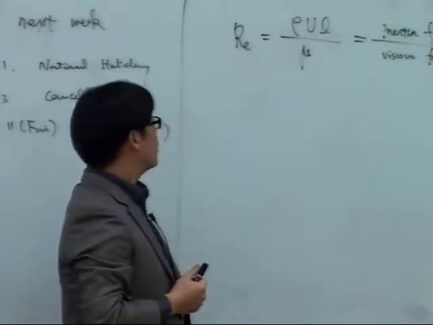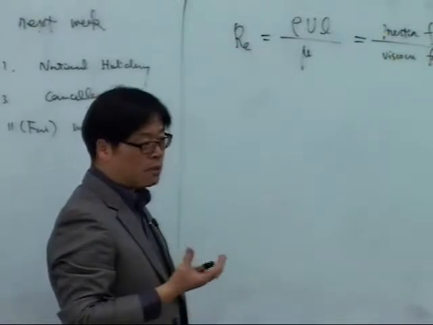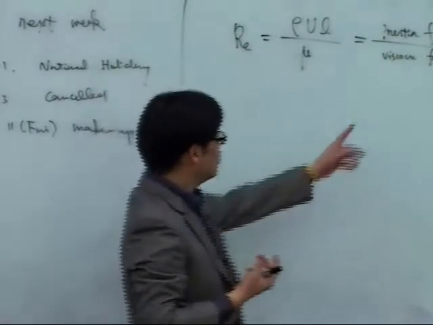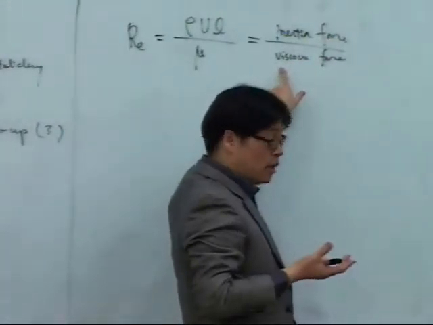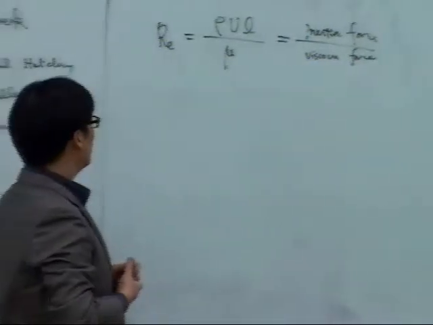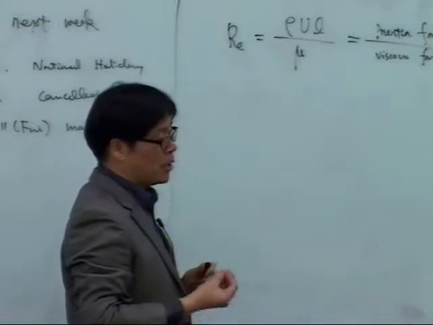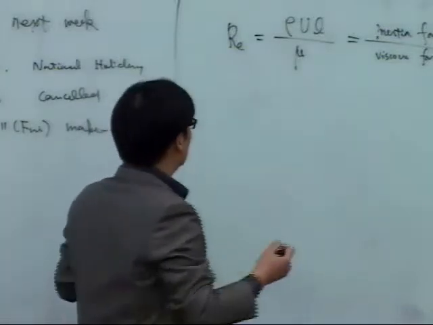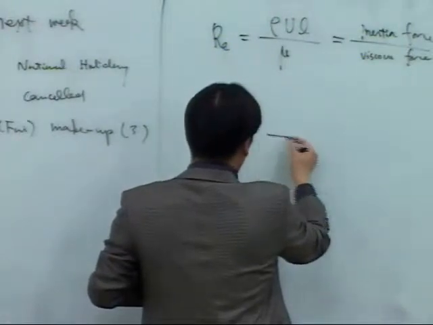Another way to interpret the Reynolds number is using a time scale argument. Here we used the argument based on forces, and the other way is to use the argument based on time scales. So I can rewrite this in the following way.